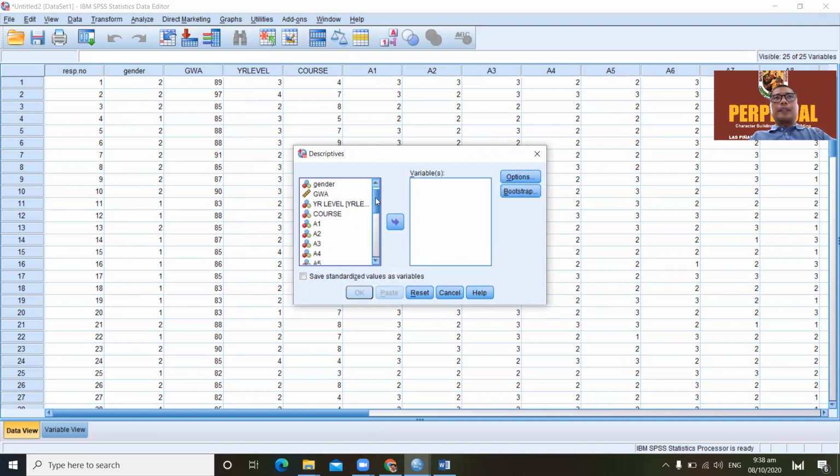Now, you just click all the statements, including the computation for the average for the first variable, which is motivation. Motivation is A1, A2, A3, A4, A5, A6, A7, A8 until motivation, and then you transfer them to this side.